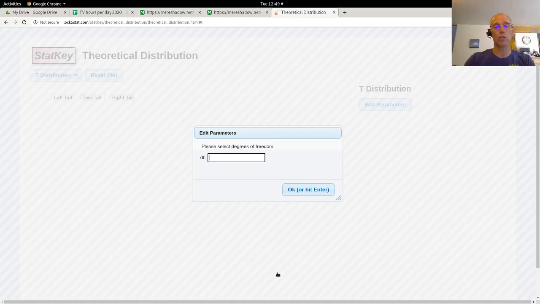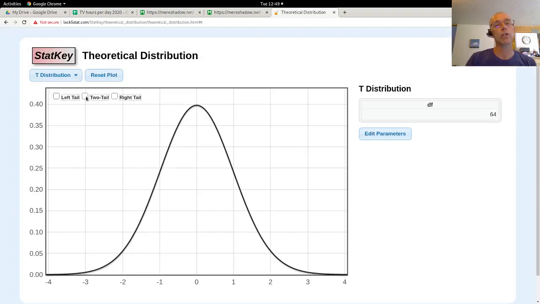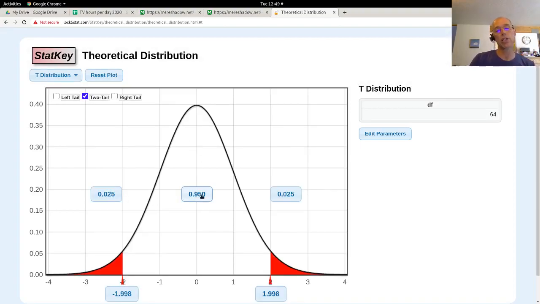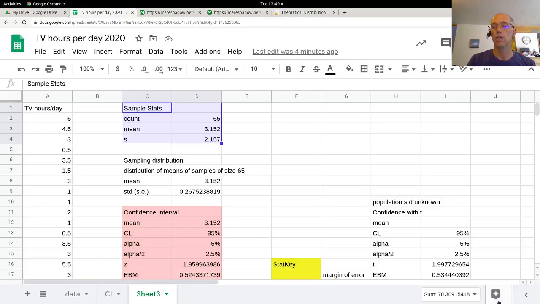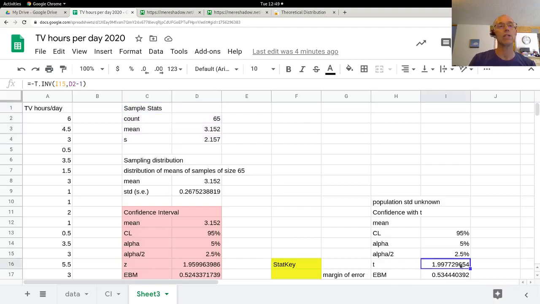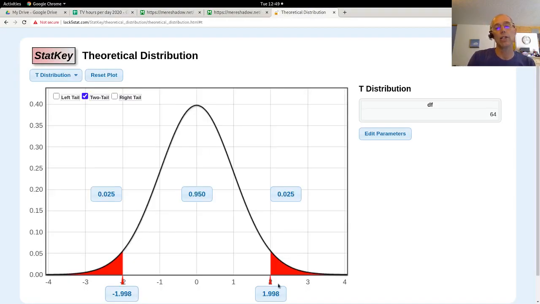So I would enter my degrees of freedom, 64, and then I would say I want a two-tail 95% confidence interval, and it says, okay, your t-score is 1.998, which the spreadsheet gave us over here by using that t-inverse formula. So you may decide, I don't really like the spreadsheet very much. So StatKey can find a t-score for you if you need it based on a tail probability. So that's there for you if you want it.